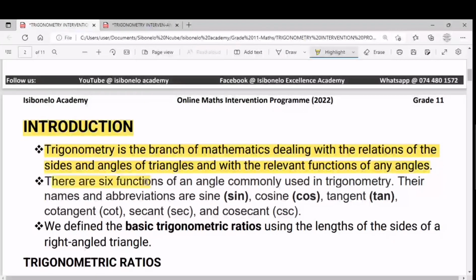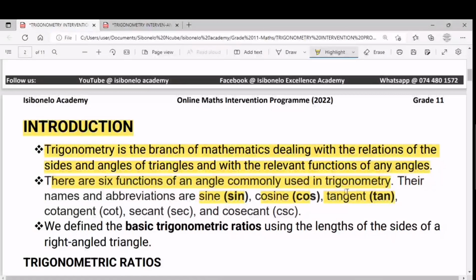There are 6 functions of an angle commonly used in trigonometry. The first function we have is the sine function. So we have sine, cosine, and tangent. So it's sine, cos, and tan.